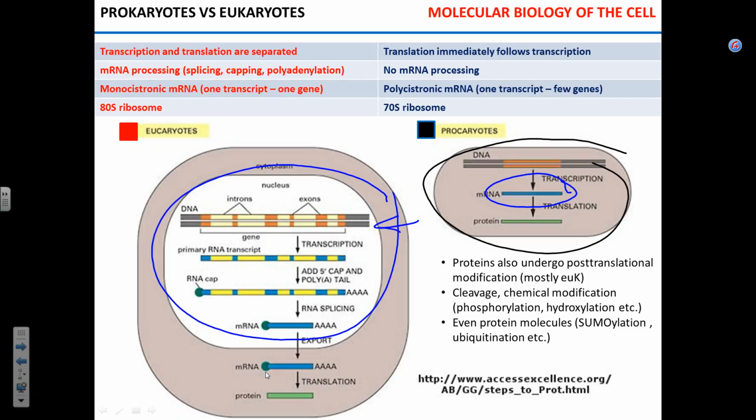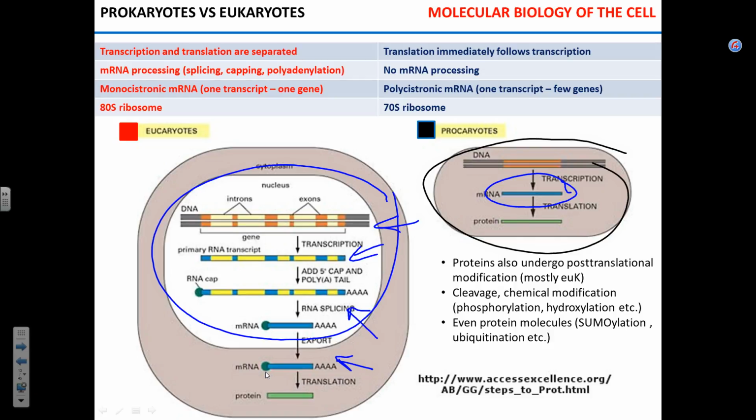In eukaryotes, we have a number of things that happen to mRNA before it becomes ready for translation. It has to be spliced. Remember cutting out the introns, fragments of the gene that do not encode for any protein sequence.